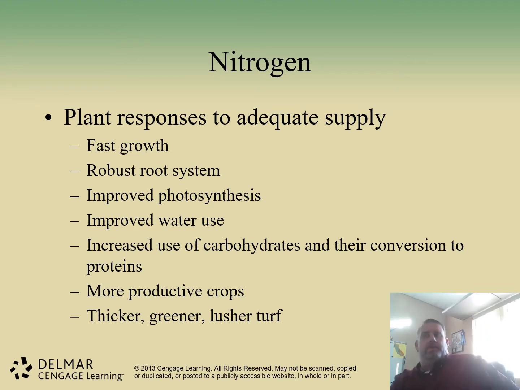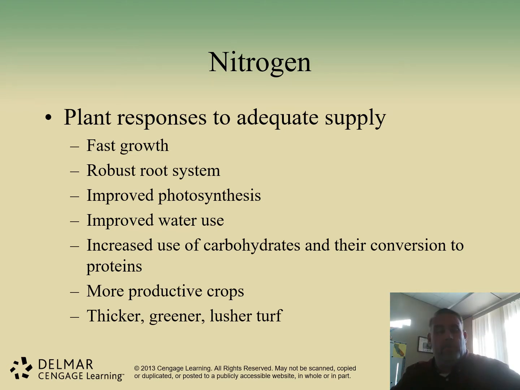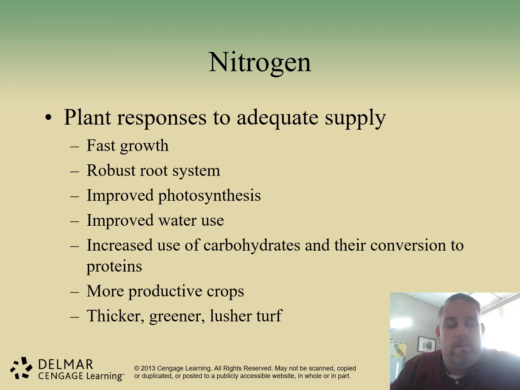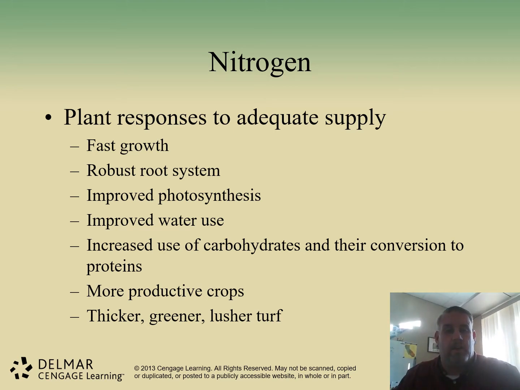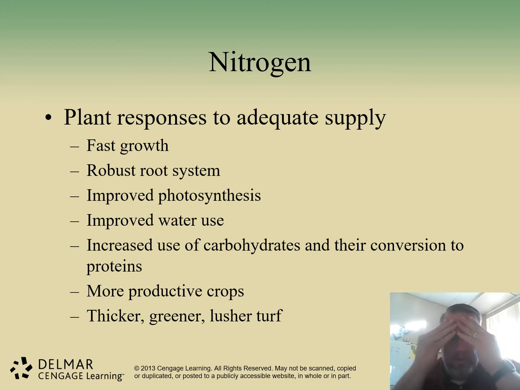Nitrogen is obviously the most important nutrient that is needed for plant growth. And when we are discussing nitrogen, basically these sources of nitrogen are used for fast growth. It can provide a robust root system.